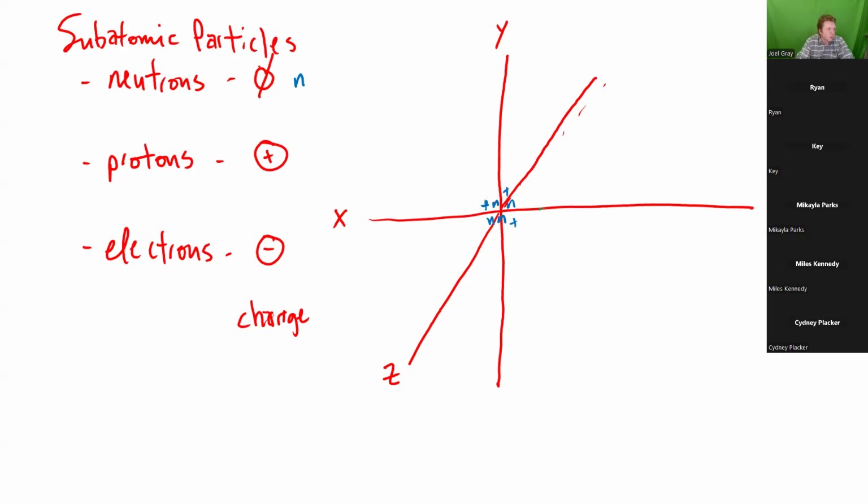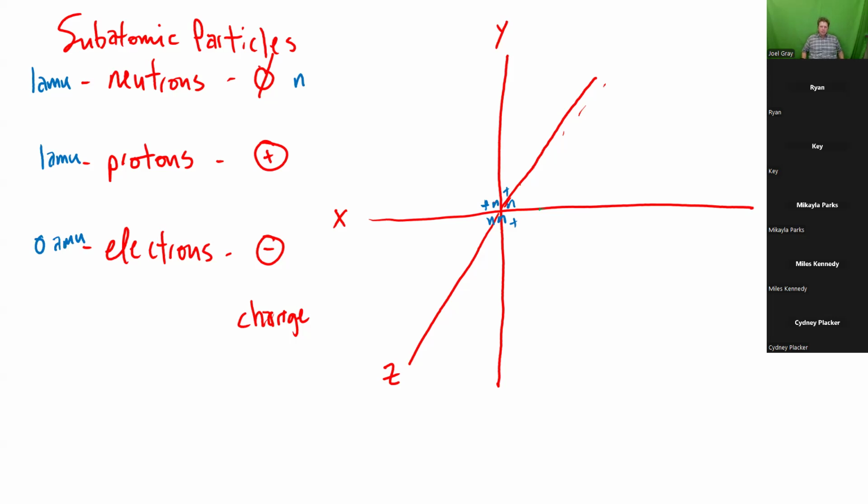Now, what I need to add here is that these have what's known as an atomic weight of 1 AMU. AMU is atomic mass unit. Electrons have 0 AMUs as their mass. So they are basically massless subatomic particles.